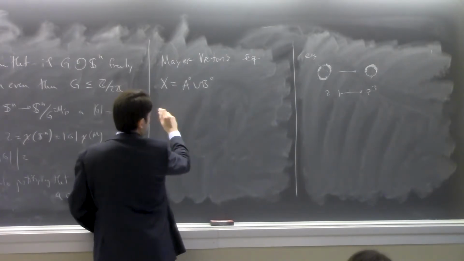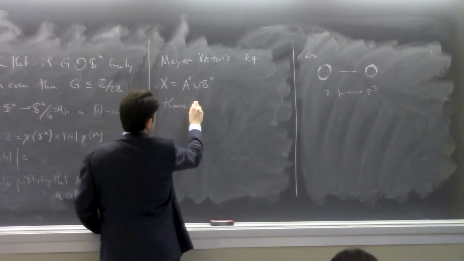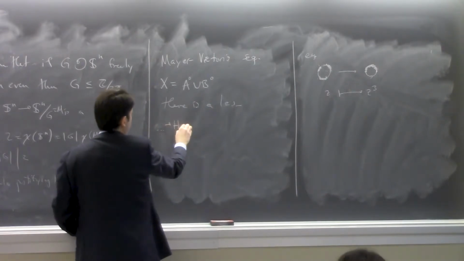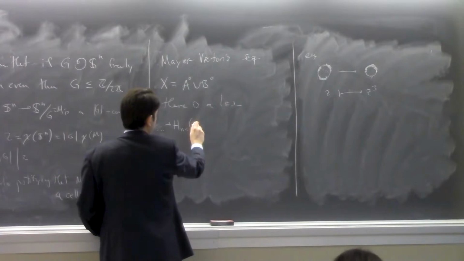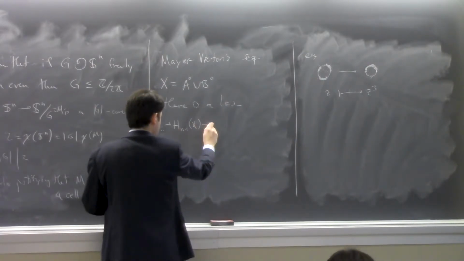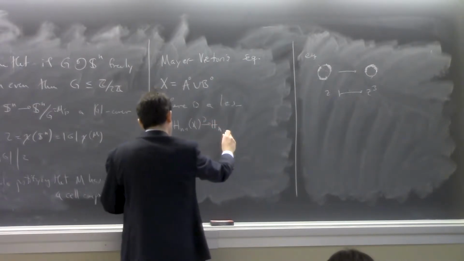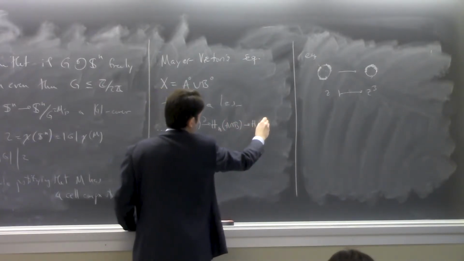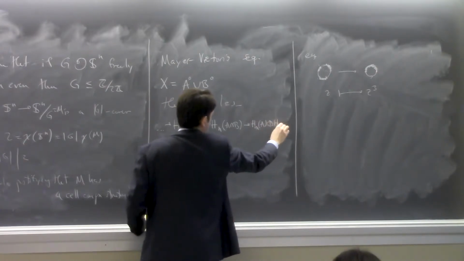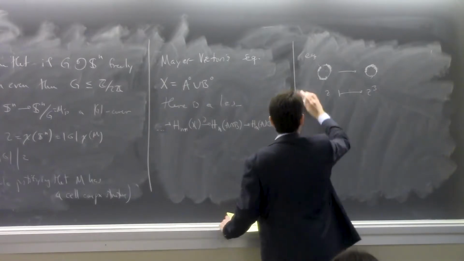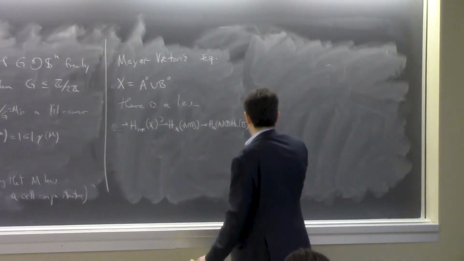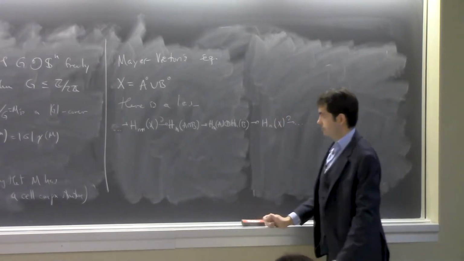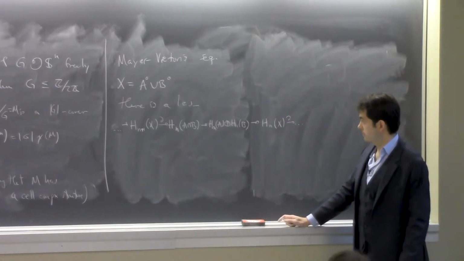Then there is a long exact sequence where you have the homology of X mapping to the homology of the intersection, then the sum of the homologies, and then the homology of X. Okay, so I'll define the maps in a second.